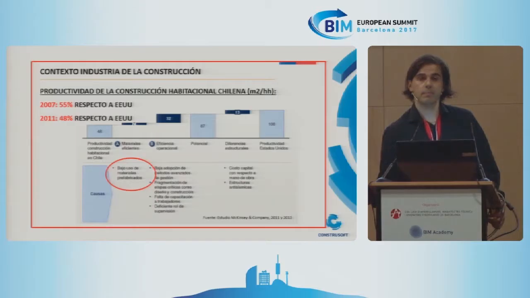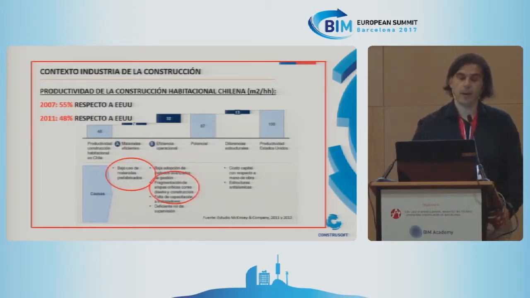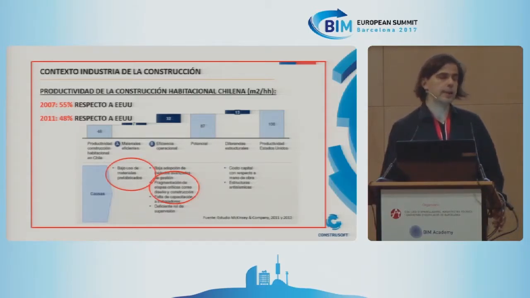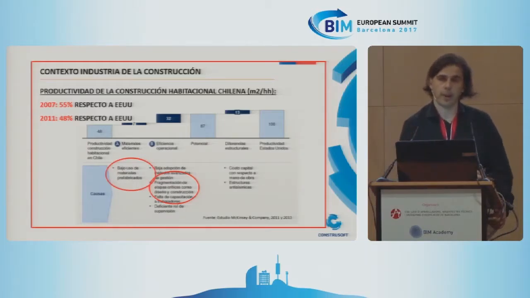The conclusion is that we need to prefabricate, and they also concluded that if information is segmented and fragmented, it does not work. So if you use any platform, the coolest 3D system, but you end up working with paper, you will have the same productivity as 50 years ago.